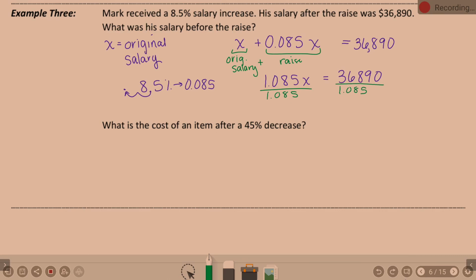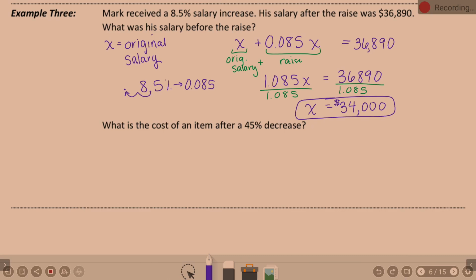What do you get? $34,000. So his salary before the raise is $34,000. If you multiply that by 0.085 and add it back together, or multiply by 1.085, you get his new salary of $36,890.